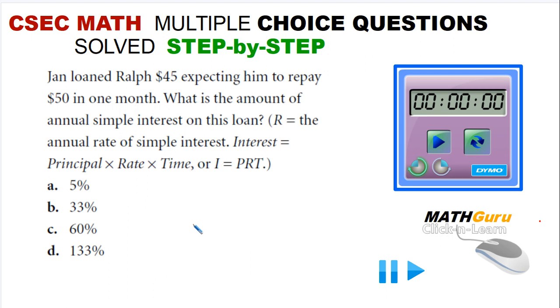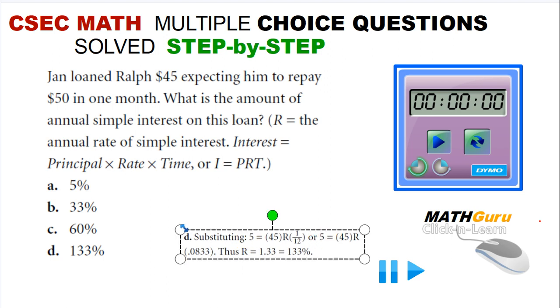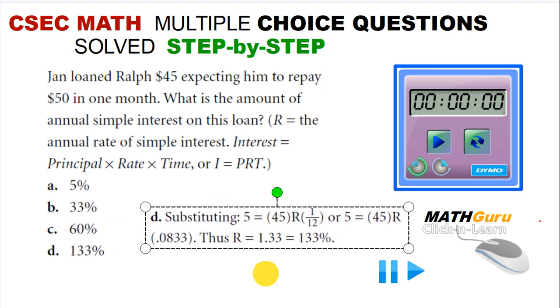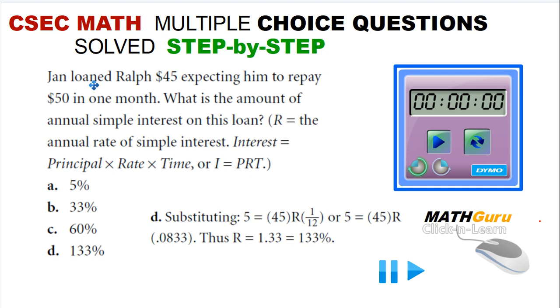Now to solve this problem, you substitute $45 expecting to pay $50 in 1 month.